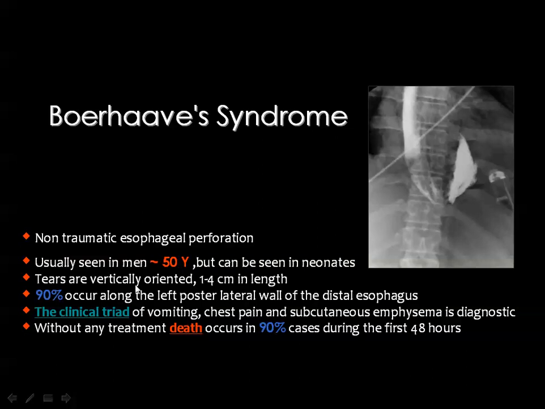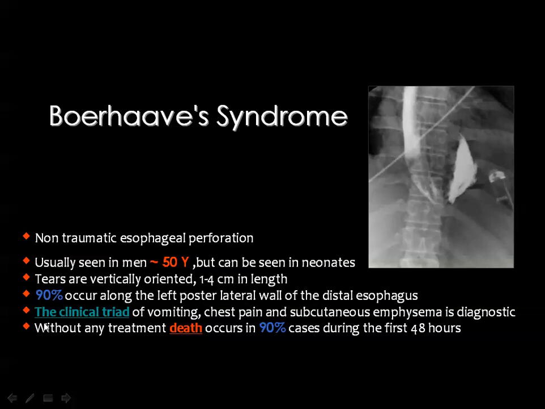The tears are usually vertically oriented and may reach about 4 centimeters in length. 90% occur along the left posterolateral wall of the distal part of the esophagus near the gastroesophageal junction.